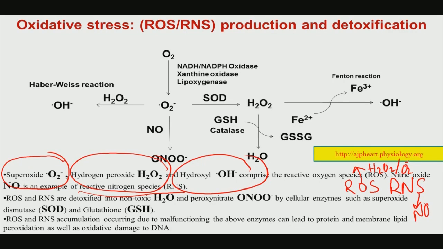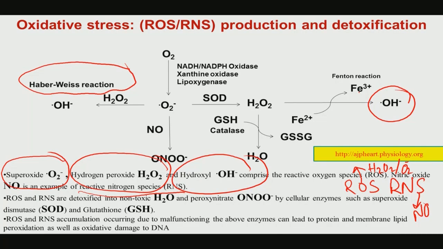This is the fundamental reaction, the Haber-Weiss reaction, which essentially shows how ROS is generated in the intracellular region of a bacteria, and then it finally gives rise to the reactive hydroxyl ion, which is one of the constituents of the reactive oxygen species.